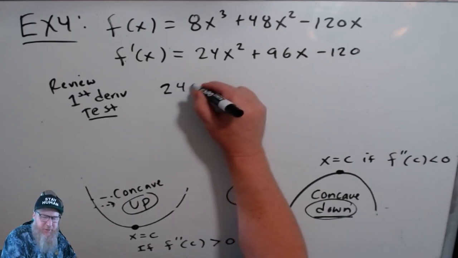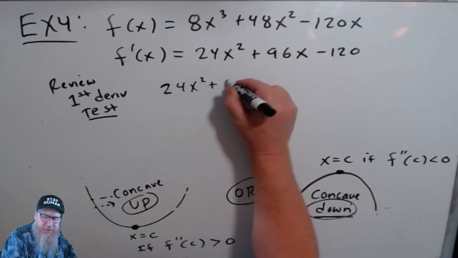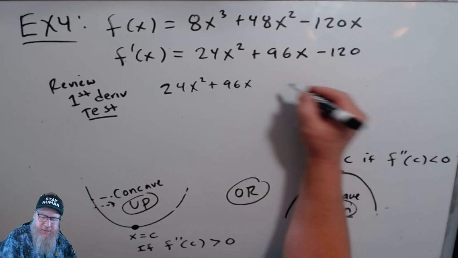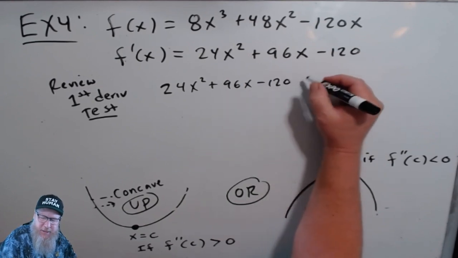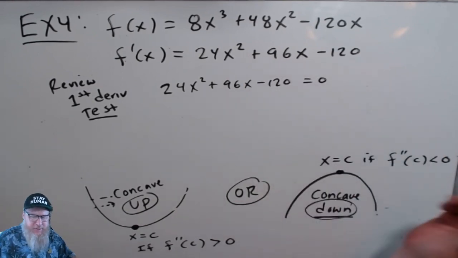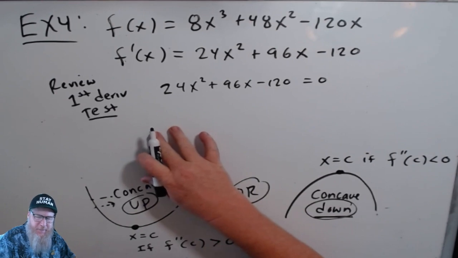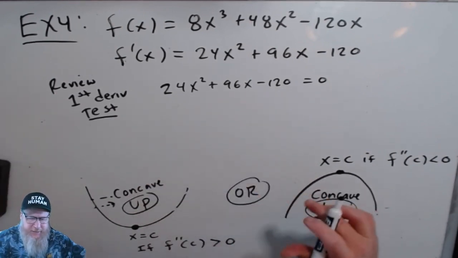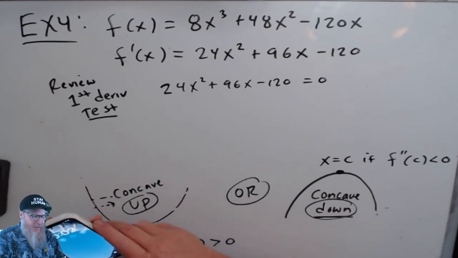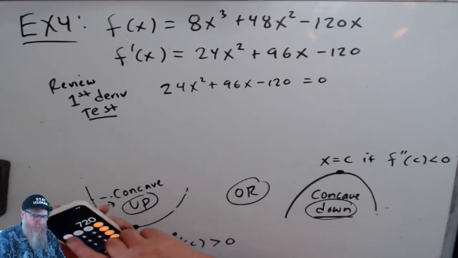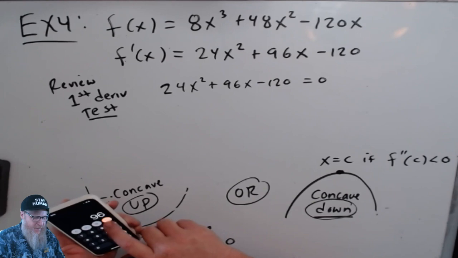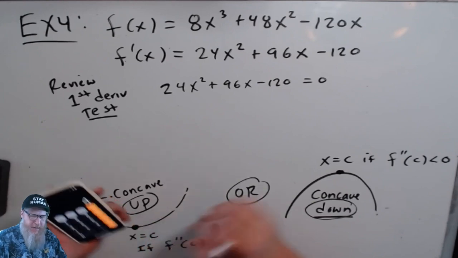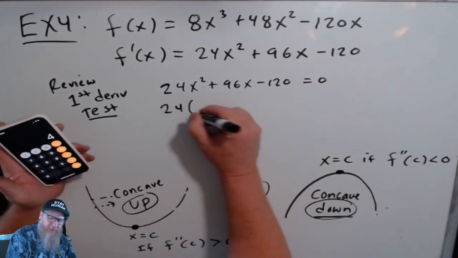So let's see, 24x squared plus 96x minus 120. Set this equal to 0. Let's see if we could simplify this. They're all divisible by 24? Yes. So I could pull out the 24.